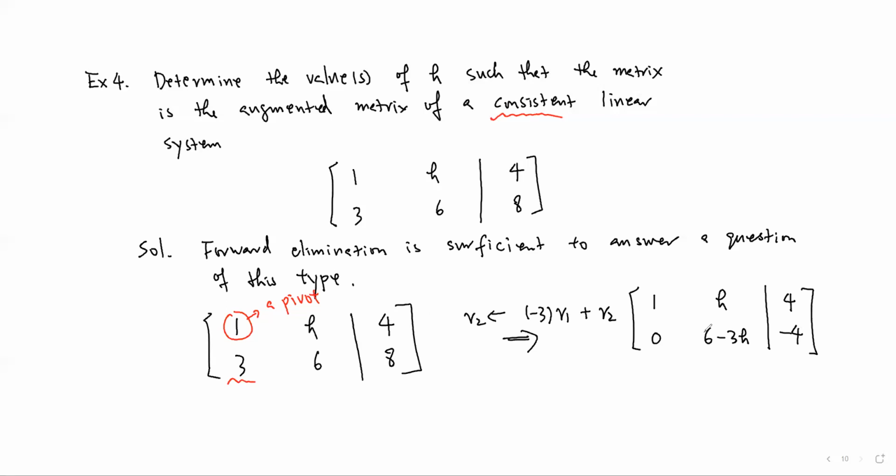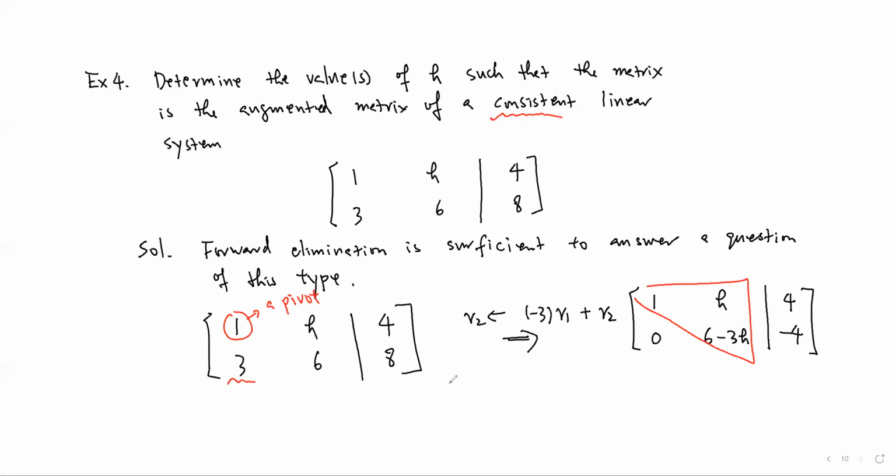Forward elimination is done because this matrix is in upper triangular form. Now I can answer the question: what values of h make the linear system have a solution?